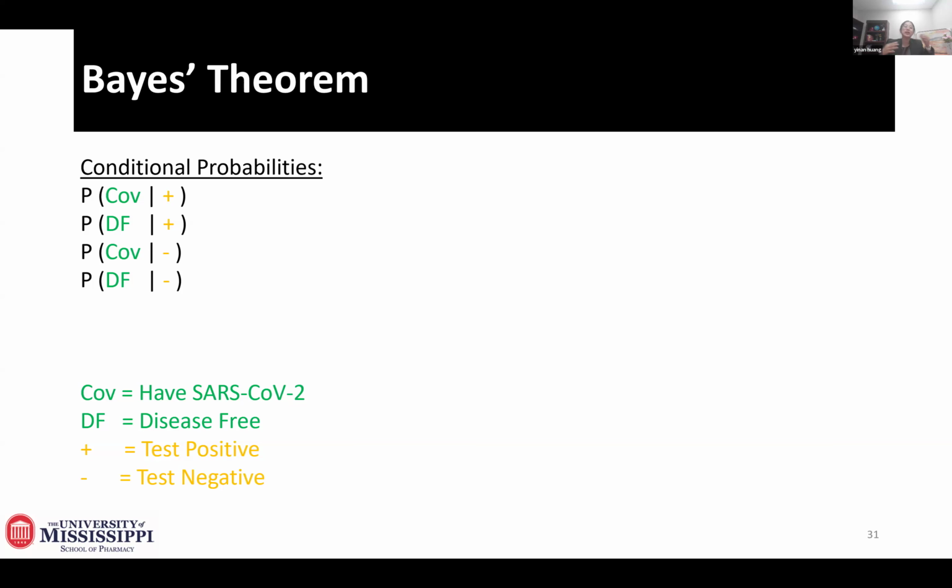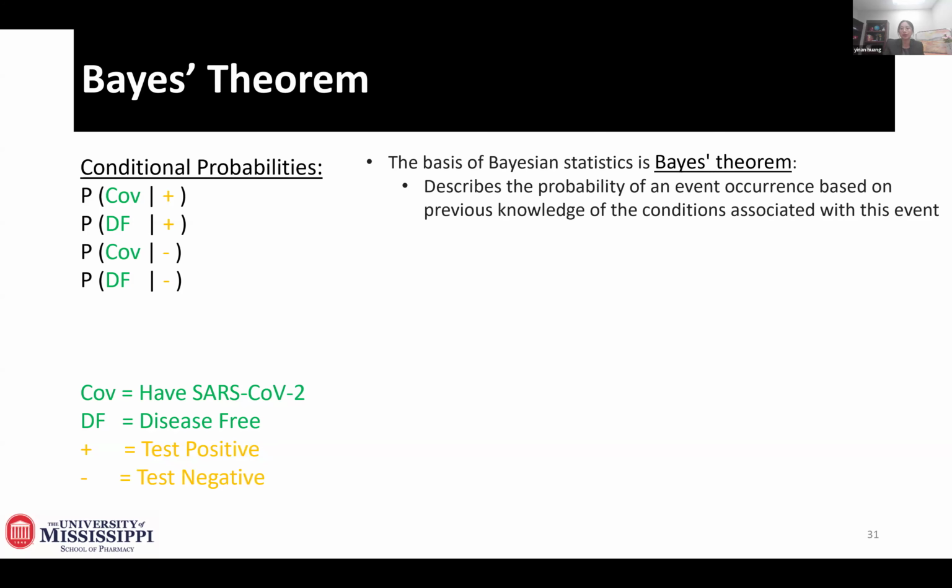The probability of being disease-free and the probability of having the disease are conditional upon the positive testing result, conditional upon the negative testing result. And the Bayes theorem is a very powerful tool that helps us to calculate these conditional probabilities based on additional information we have from the testing tools.